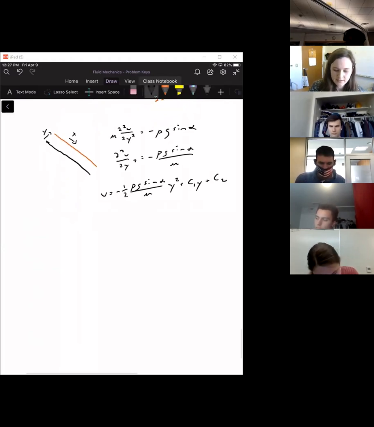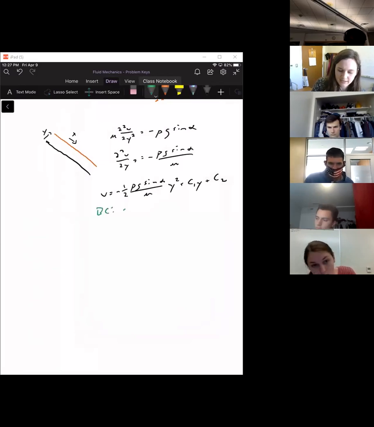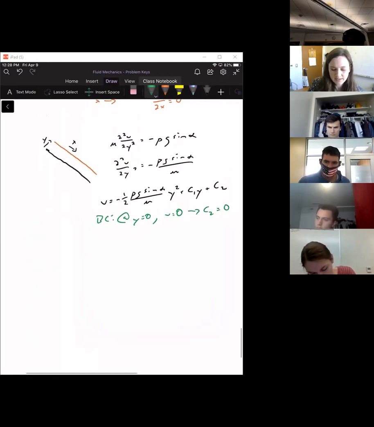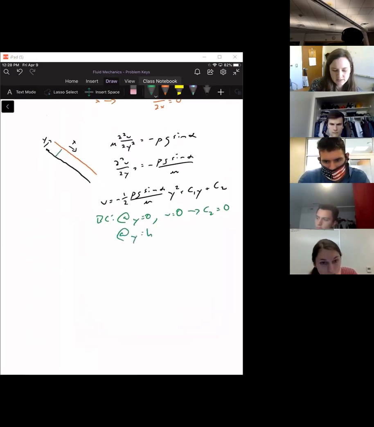And you say boundary conditions: at y is equal to 0, u is equal to 0, which means C2 is equal to 0. And then you say at y is equal to h, this is h, du dy is equal to 0.